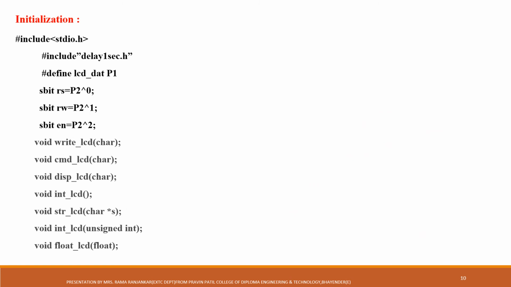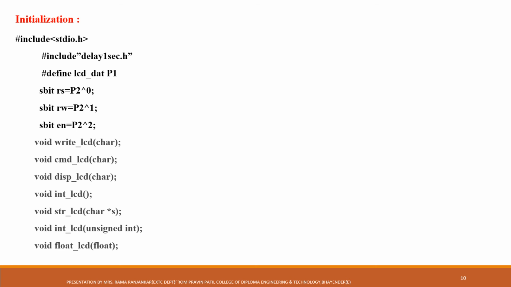Let's see the program of LCD interfacing. In this program, before going for LCD interfacing, we need to initialize the pin status of LCD. Here the 3 pins are very important: register select, read write, and enable.